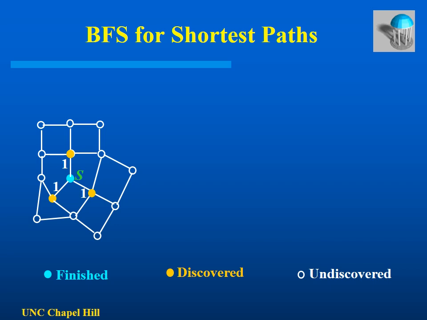After we've got all of the adjacent nodes to S discovered and their path length created, and thus arcs from S to each of them marked as tree arcs for the tree that has S as its root.